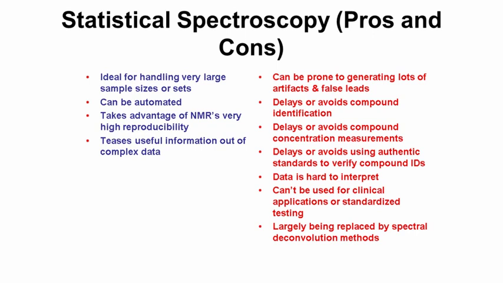What you get from statistical spectroscopy may identify important peaks, but those peaks can't be used in clinical applications or standardized testing or reference work. And as I said, over the last 5 years, statistical spectroscopy is largely being replaced by spectral deconvolution methods, which are becoming both faster, more robust, given the fact that most metabolites in most kinds of NMR spectra can be relatively easily identified, and most are well known.